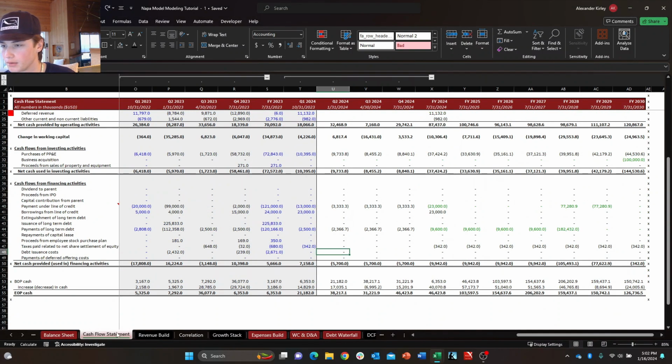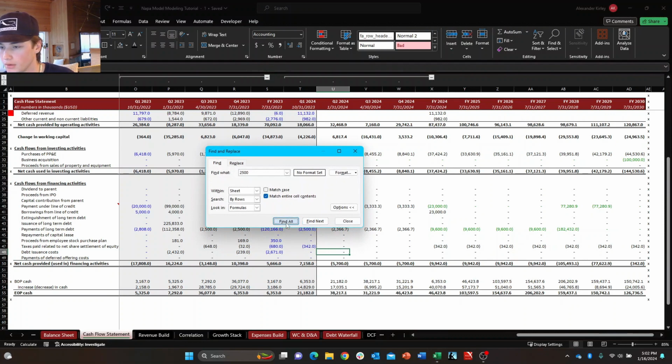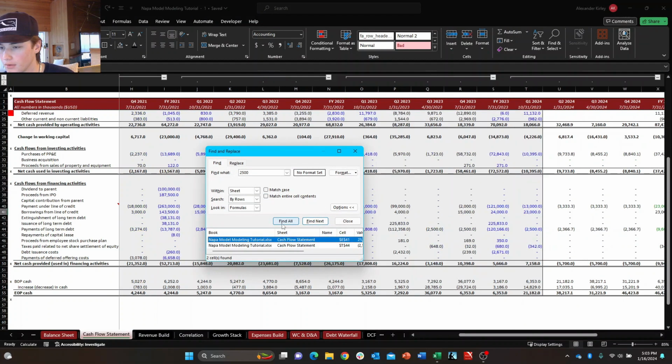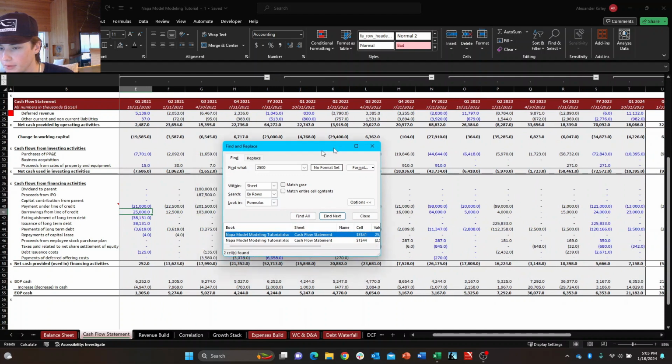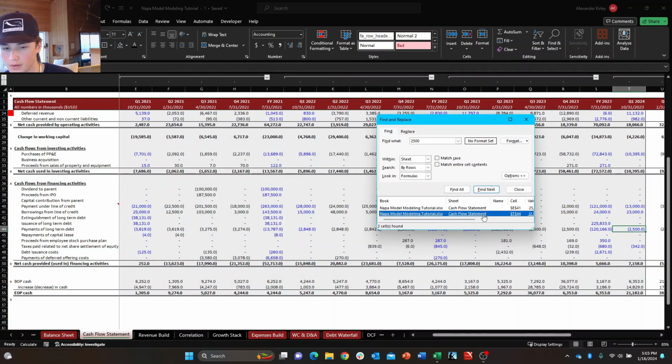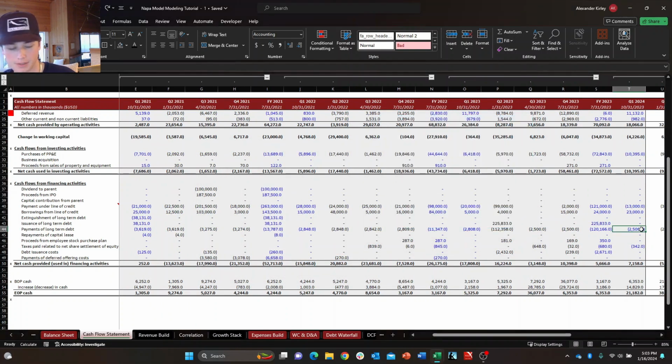Not there. $2.5. Oh, bam. There it is. This cell right here.